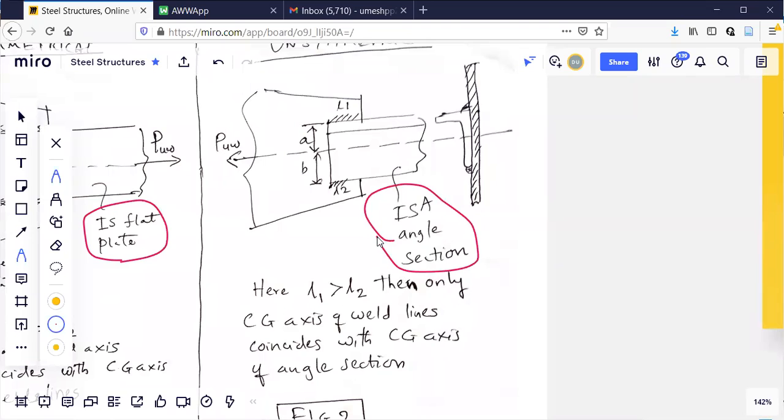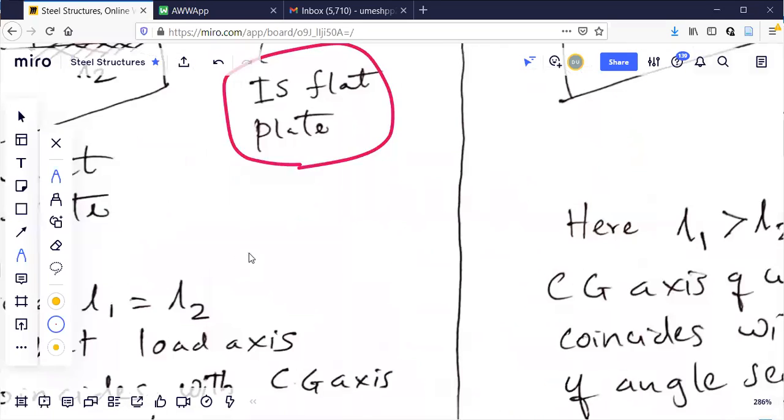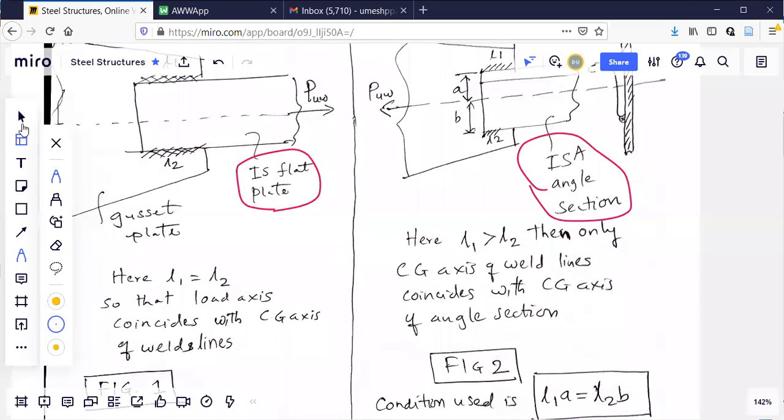If you look at any truss, mostly it is angles only. Angles are connected to the gusset plates. So an angle connected to a gusset plate is more common than a flat plate connected to a gusset plate. So if this is the case, see this one here.